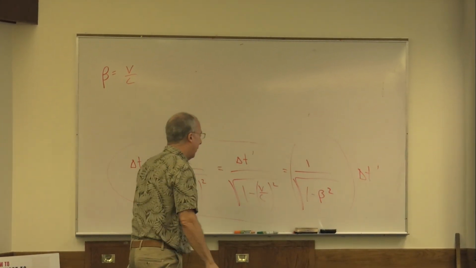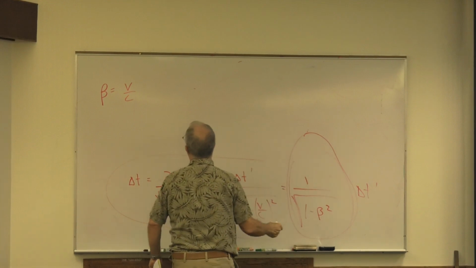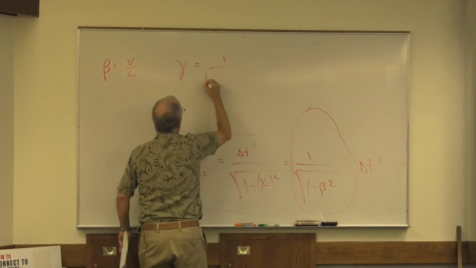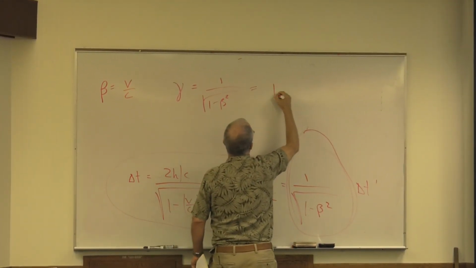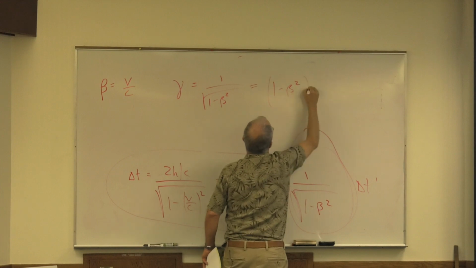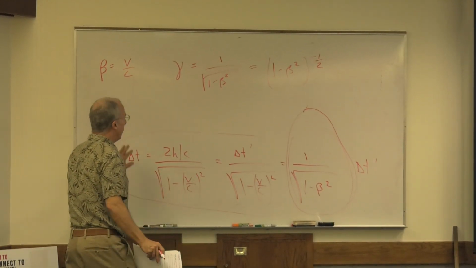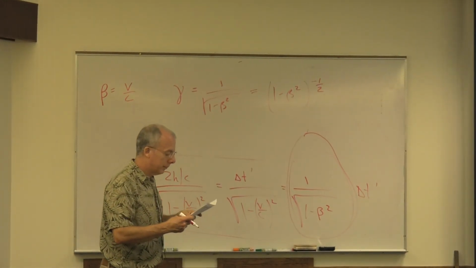So you define it to be gamma. So gamma is 1 over the square root of 1 minus beta squared. If you're really lazy, you can just write that as (1 minus beta squared) to the negative 1/2 power. And I promise you, you're going to use this all the time because they're just fundamental.